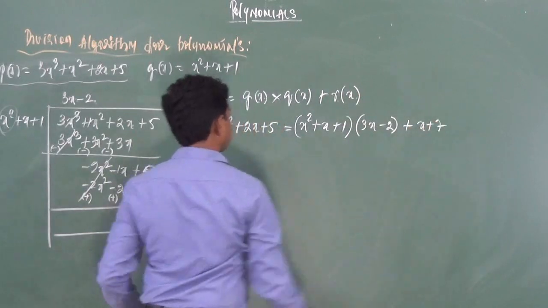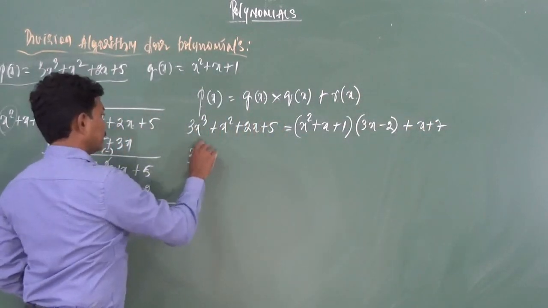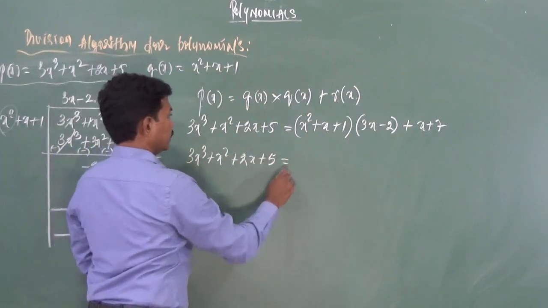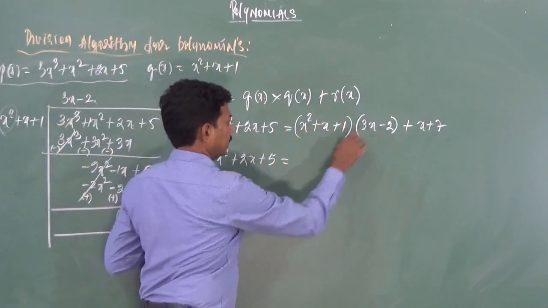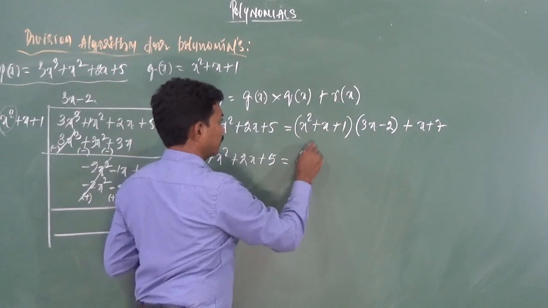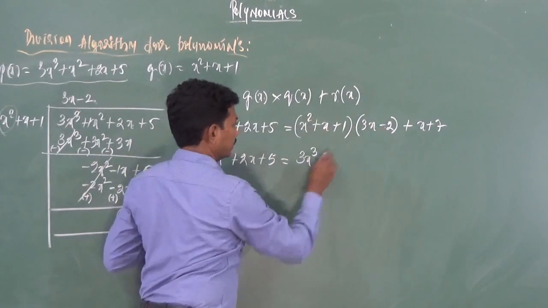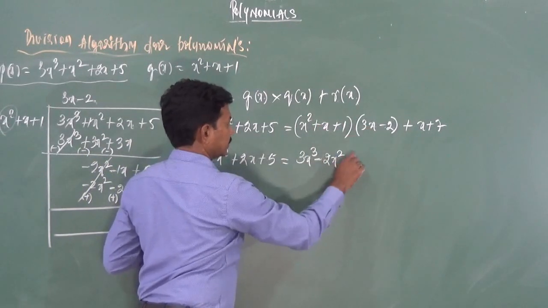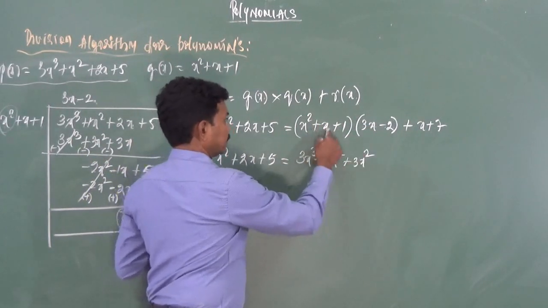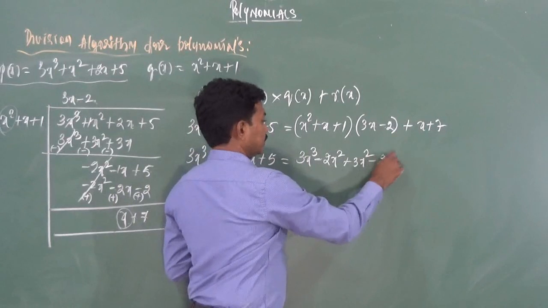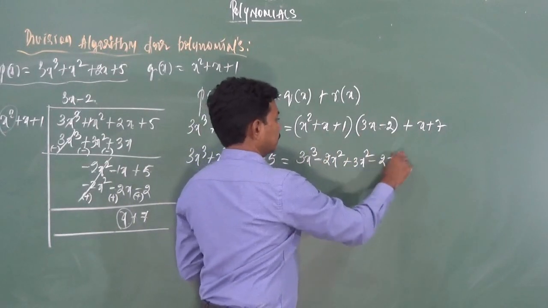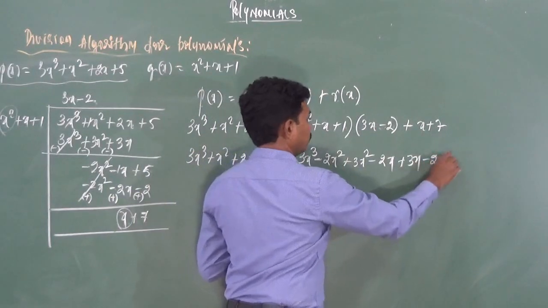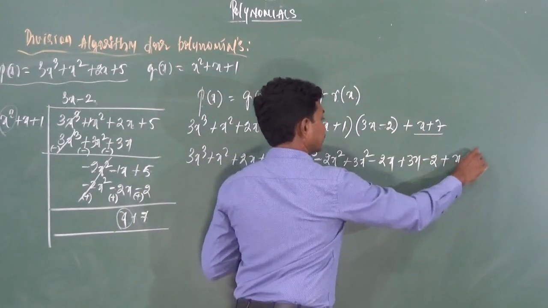plus r of x, which is x plus 7. So 3x cube plus x square plus 2x plus 5 is equal to x square into 3x is 3x cube, x square into minus 2 is minus 2x square, plus x into plus 3x is plus 3x square, plus x into minus 2 is minus 2x, plus 1 into 3x is plus 3x, plus 1 into minus 2 is minus 2, plus this one, that is x plus 7.